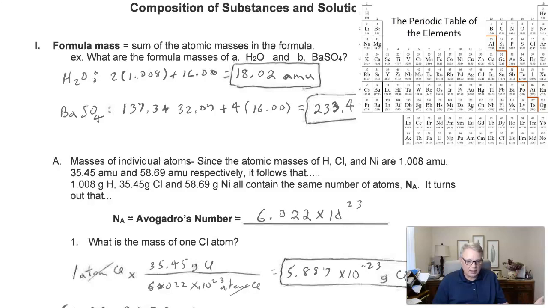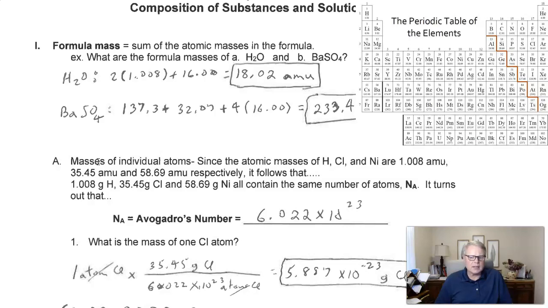And what that is right now, we're going to call it N sub A. All right? Now, stop for a second and think about why this has to be true. Where did I get the 1.008, the 35.45, and the 58.69? Well, those are just the masses of the atoms in the periodic table, right? Okay. Why is this statement true?